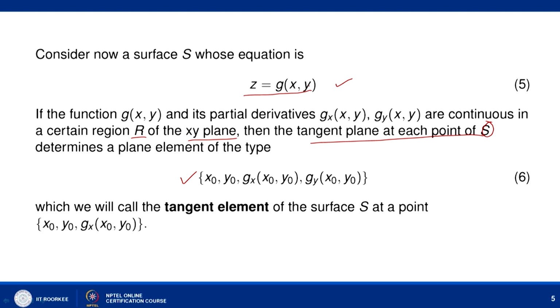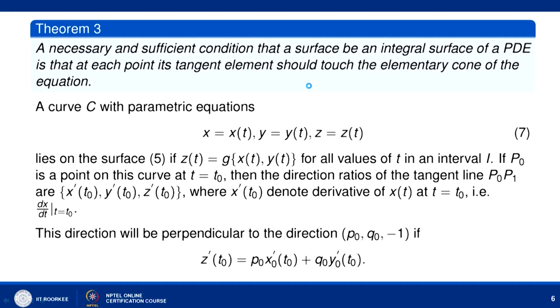Now, once we have a tangent element, on geometrical grounds, if this surface S is a solution of the given PDE f(x, y, z, p, q) = 0, that is, the integral surface, then at every point it touches the elementary cone, or the Monge's cone. That is what we summarize in Theorem 3.